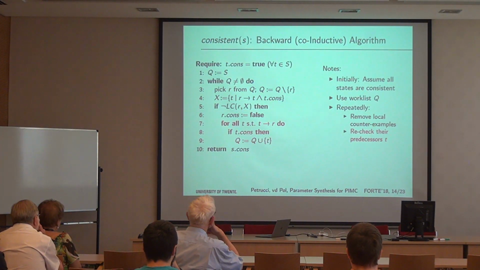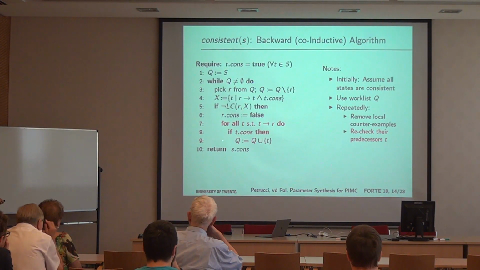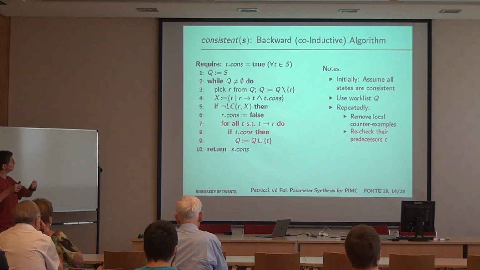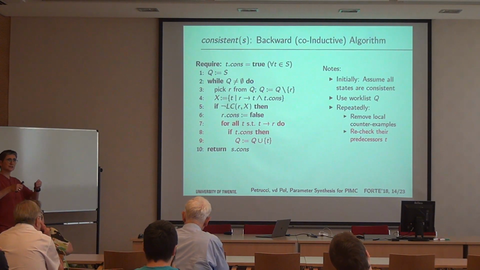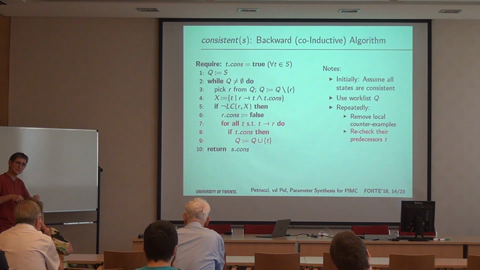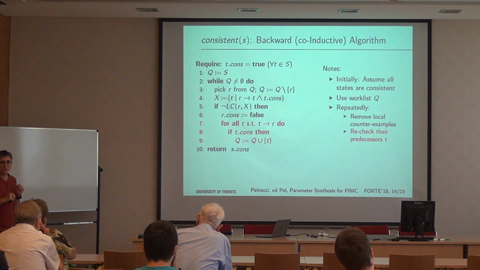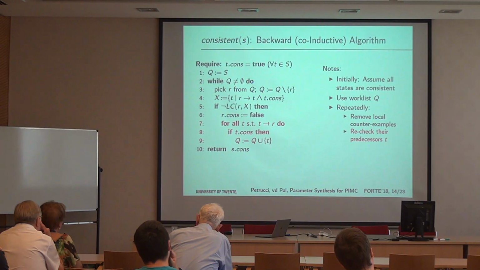And for all predecessors of R, if the predecessor was consistent, then we have to recheck it again. R was consistent and became non-consistent, so I have to tell the predecessors of R that something changed, and you have to check again whether it's possible.